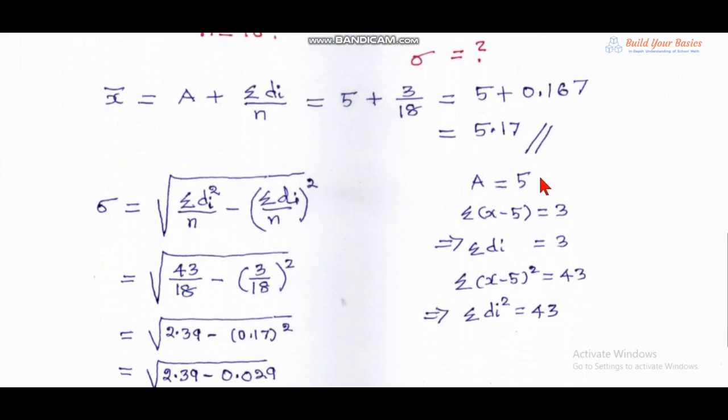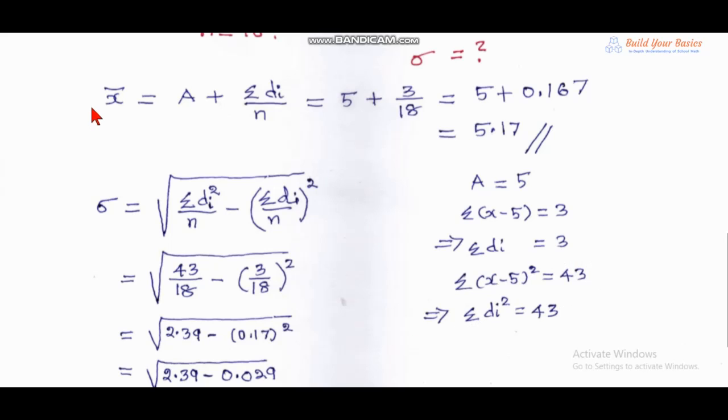Assumed mean is 5. Sigma x minus 5 equal to 3 implies sigma di, the sum of the deviations from the assumed mean 5, is 3. Sigma x minus 5 whole squared equal to 43 implies the sum of the squares of the deviations from the assumed mean 5 is 43.